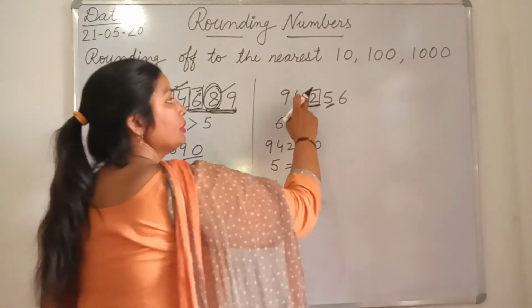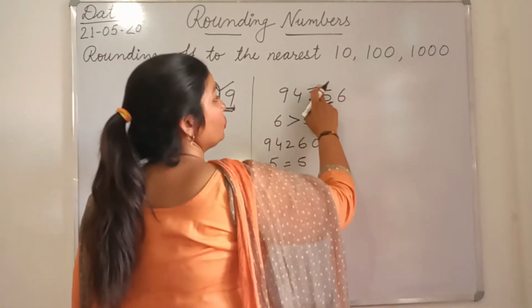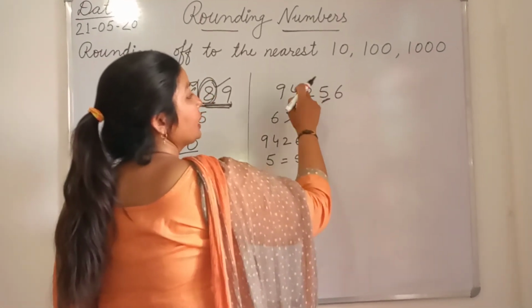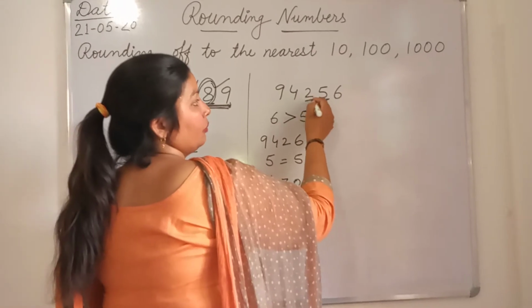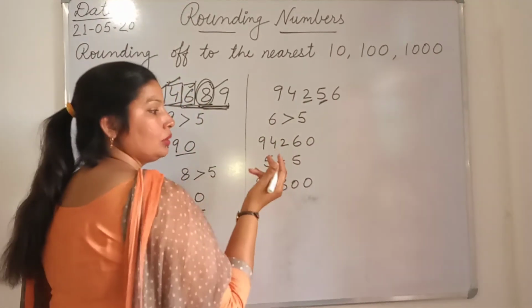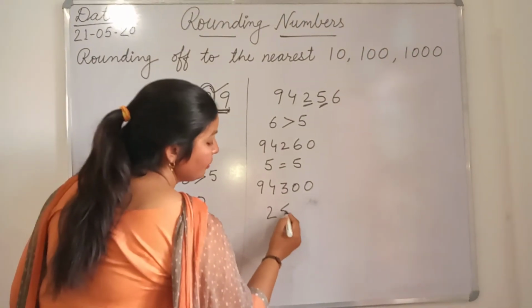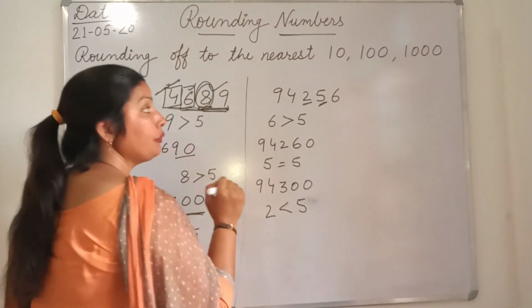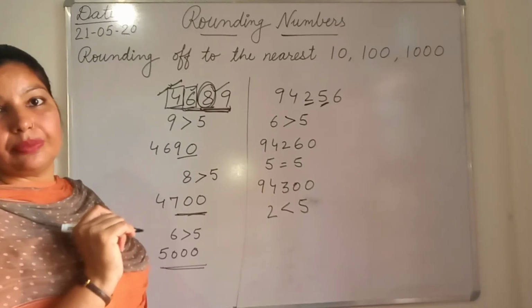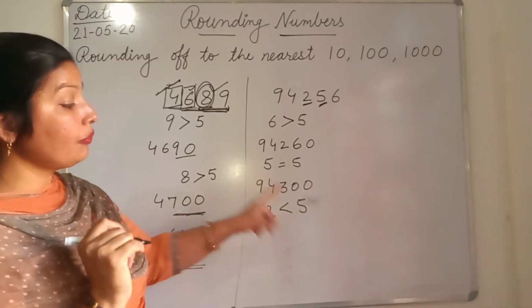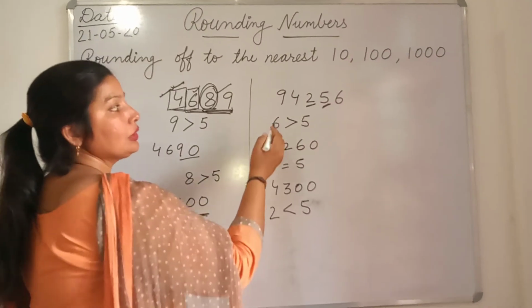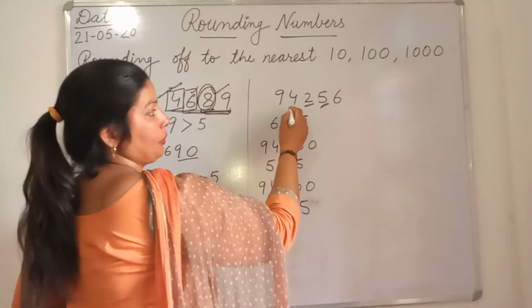For the same number, if you find rounding of 1000, we will check the 100 column. What is in the 100 column? 2. 2 is less than 5. Now we will not increase the thousand column because 2 is less than 5. So the thousand column will remain the same.